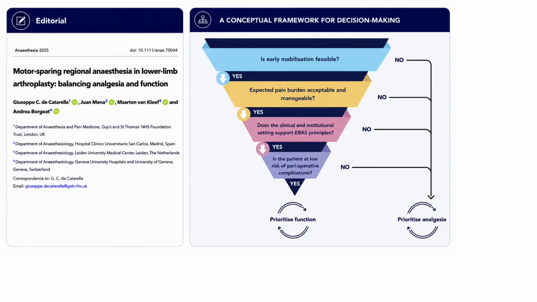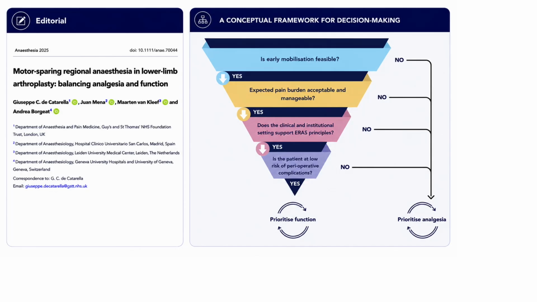And then, is your institution set up to make the most of it? If there are no physios, and the ward nurses can't mobilize patients, then the patient is not going to get out of bed that day just because of the infrastructure around them. Then you might as well prioritize their analgesia. There's no point in them being able to move around and being in more pain than they need to be. And are they at risk of complications as a result of being in pain?